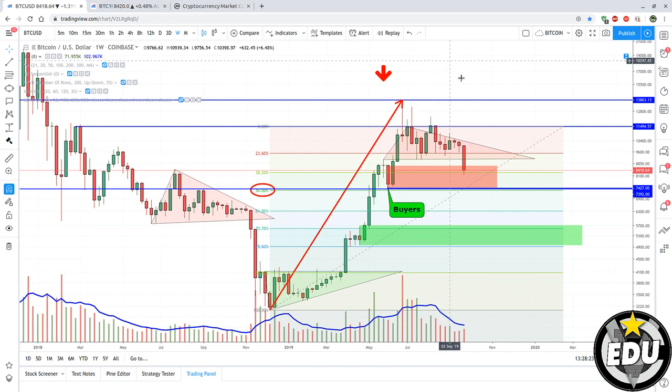Now everybody's asking, and me too, is this a false breakout? Well, we don't know. Of course we need to look at the lower time frame, maybe 1 hour, 4 hour, to check price action and see how buyers and sellers are fighting. But I will stay out of the market personally, because we will check them after Bitcoin pairs, the top altcoins.